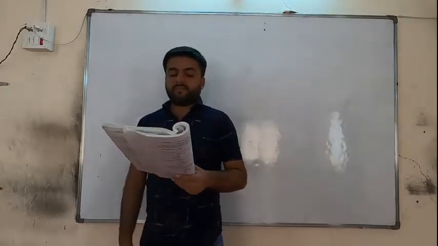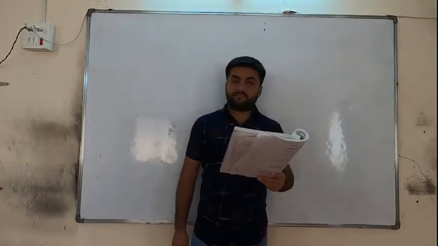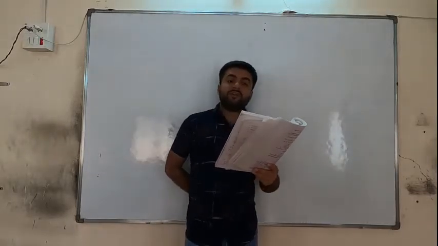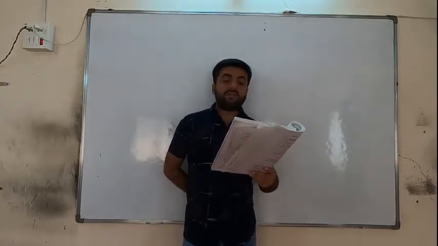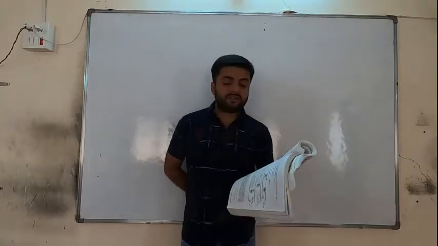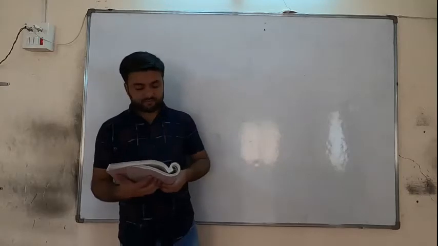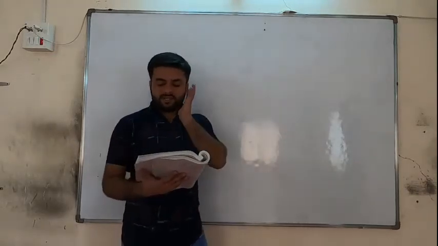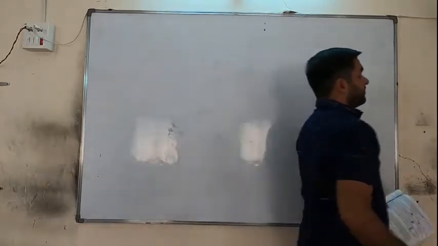Last sum. The distribution of amount paid by 200 customers coming for snacks at a restaurant on a particular day is given below. Find the quartile deviation and coefficient of quartile deviation for the amount paid by customers on that day.